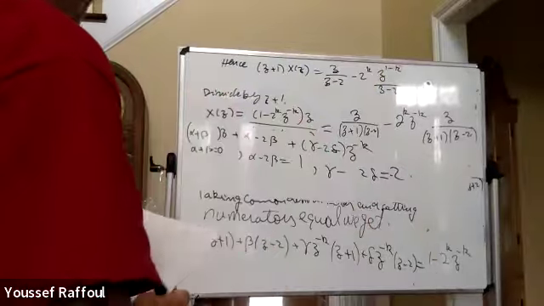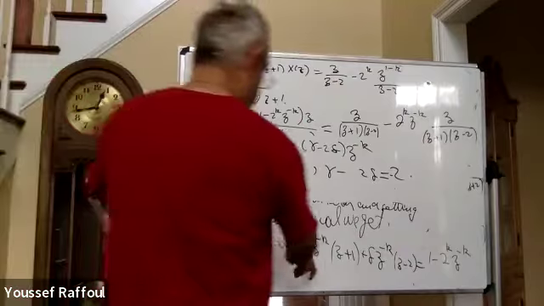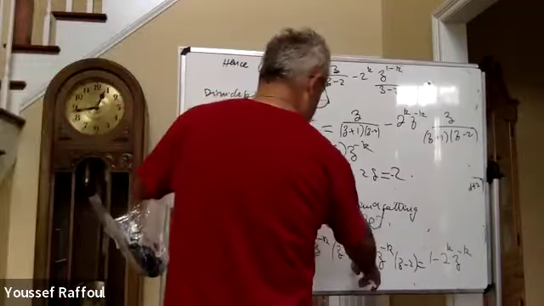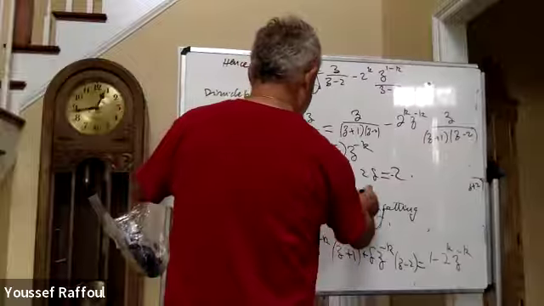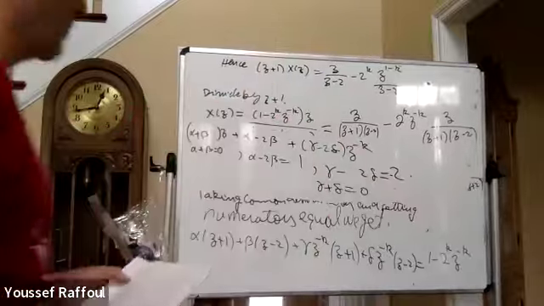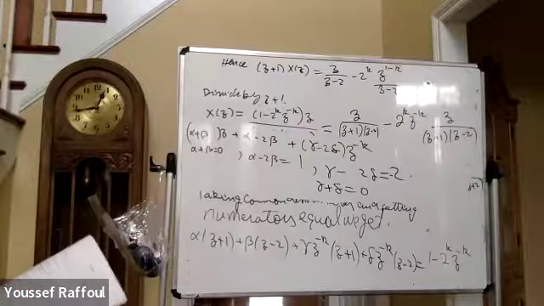And we have one more, gamma plus delta equals 0. Okay, so we have all that.